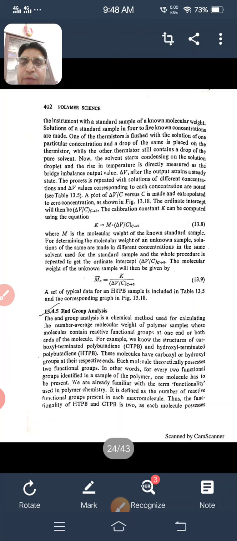The molecular weight of the unknown sample will then be given by M bar n equals K upon delta V upon C at C equals 0. This is the equation. Typical data for the HTPB sample are included in the above table and the corresponding graph in the above figure.